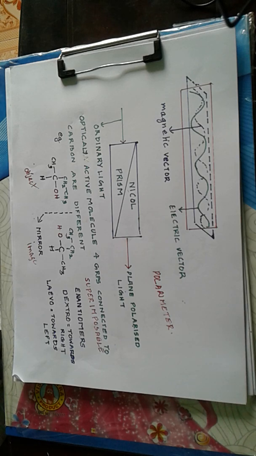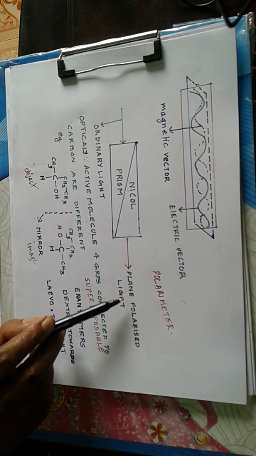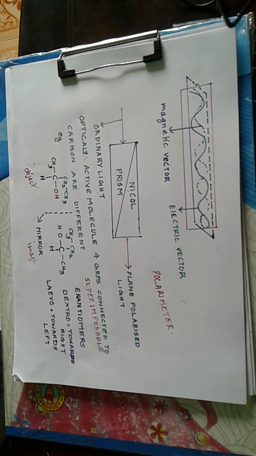When an optically active molecule, say this one or this one, is taken in a polarimeter and plane polarized light is passed through the medium containing the optically active molecule, then the molecule rotates the plane of polarization of plane polarized light either towards the right or towards the left.